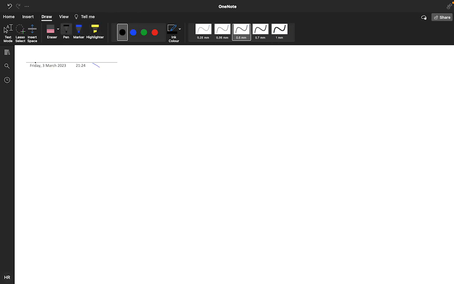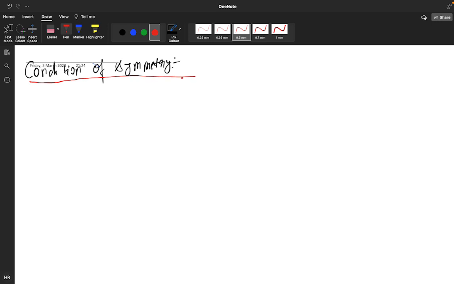Write down the condition of symmetry. What could be the condition of symmetry in a network? This is your network.